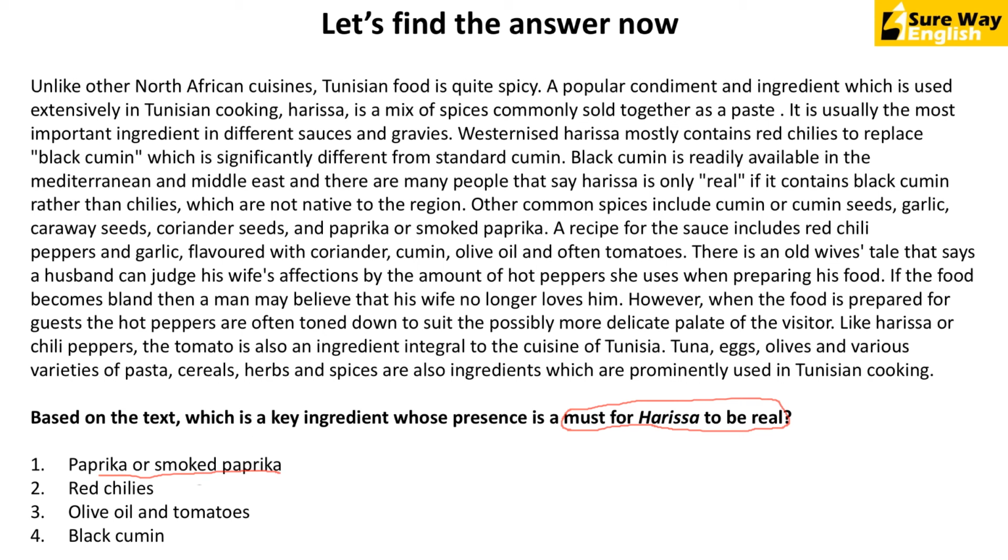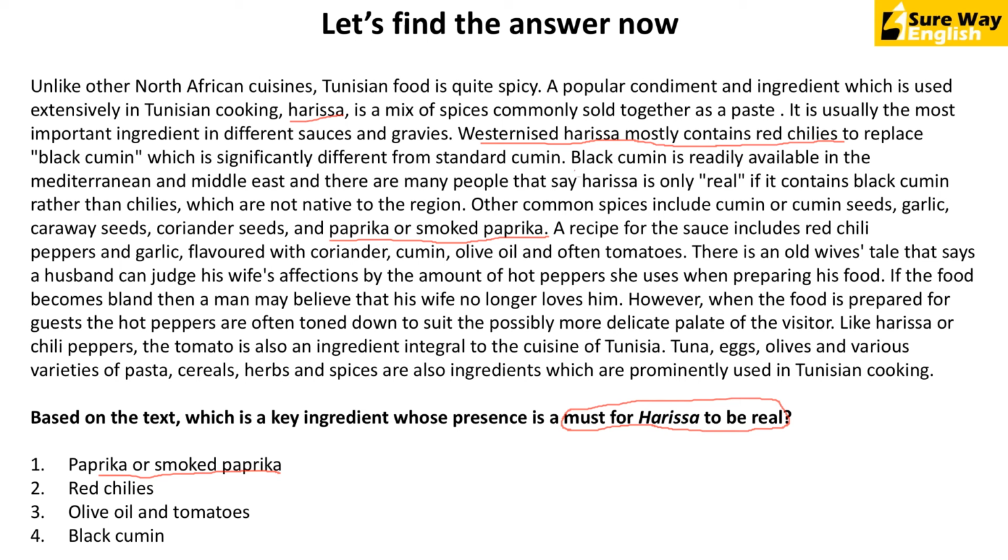Okay, so paprika or smoked paprika, it's here. Red chilies is in the beginning, westernized harissa. So that means that's where they're talking about harissa. And just before that, they say it's a mix of spices commonly sold together as a paste.